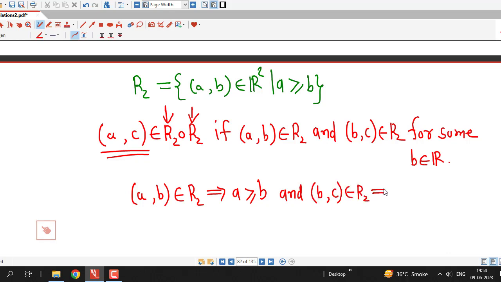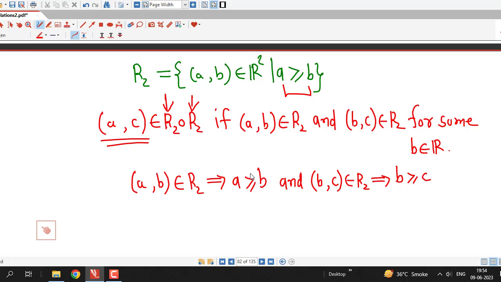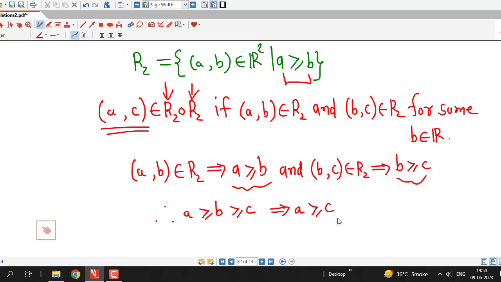In R2 the condition is that the first component can be greater than or equal to the second component. Here the first component is B, the second component is C. And if we combine these two, therefore we can write that A is greater than or equal to B and B is greater than or equal to C. And using this I can write that A can be greater than or equal to C.